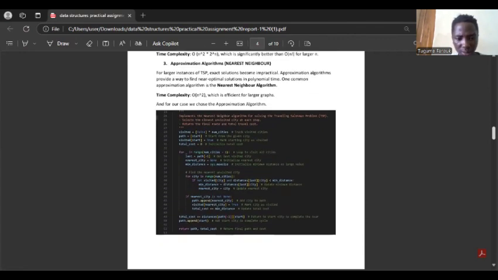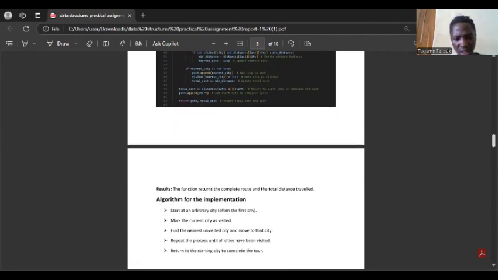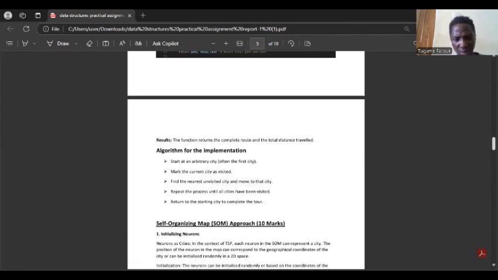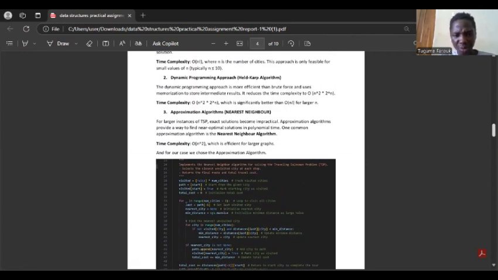For our presentation, we chose to use 4 cities, and we saw the shortest distance was from city 1 to city 3, then city 2, and back to city 1, covering a distance of 80 kilometers, which was the shortest distance we had covered. So basically, the nearest neighbor algorithm is quick.